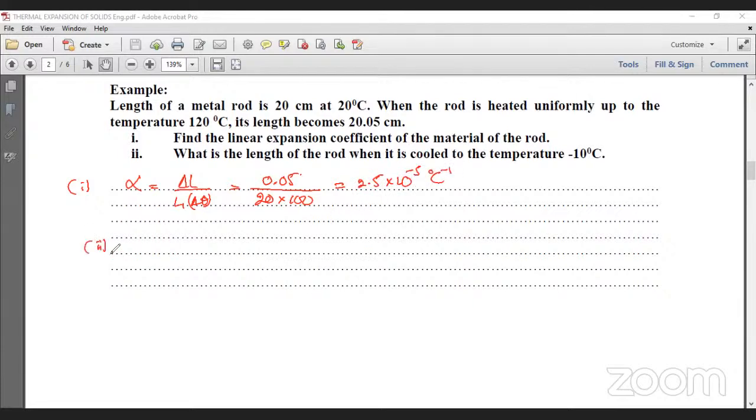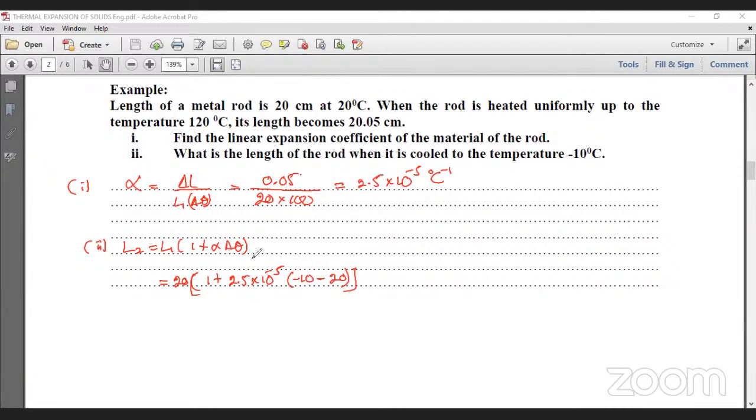For the second part, directly use the equation. This is 20 centimeters times 1 plus alpha, which is 2.5 times 10 to the minus 5, times the temperature change. The final temperature is minus 10 and the initial is 20, so the change will be negative.